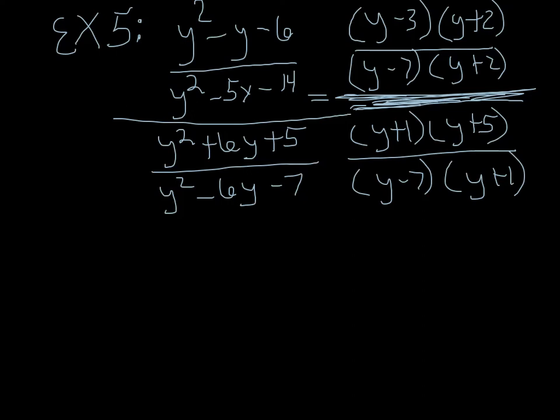Well, this is where we multiply again by the reciprocal of the denominator. And so if you do that, we know that all of this whole bottom is going to go away.